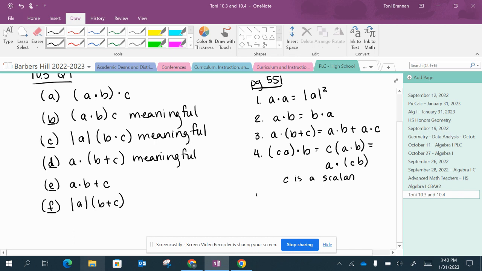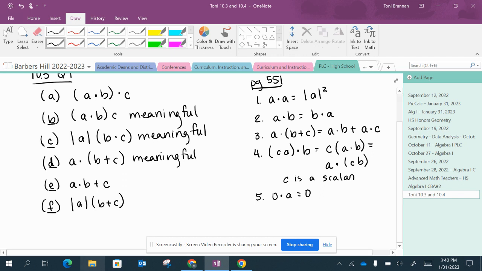And then we had five, that said 0 dot product with A equals 0, of course. Now, here's how these things are meaningful. They're not meaningful if you can't relate them back to one of these 5 properties on page 551. That's a lot of fives. Just now noticed that.